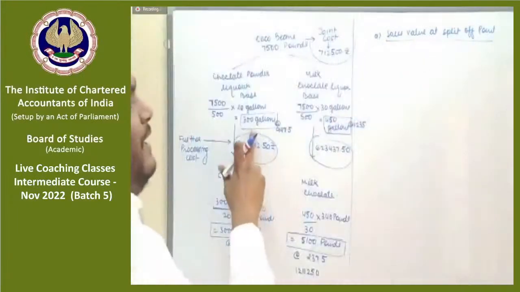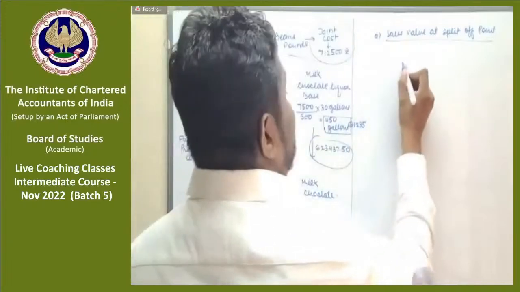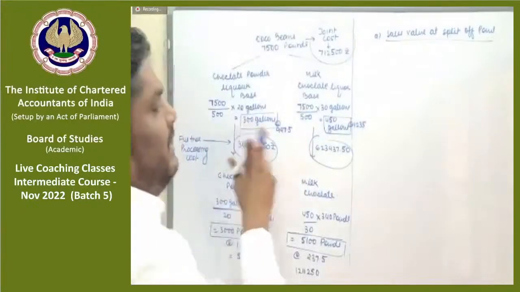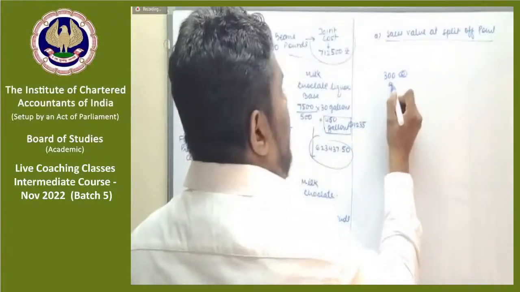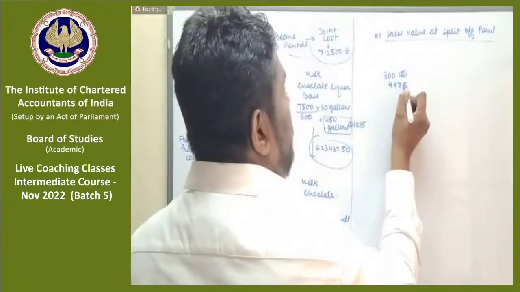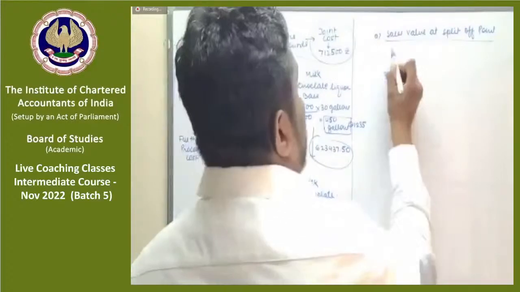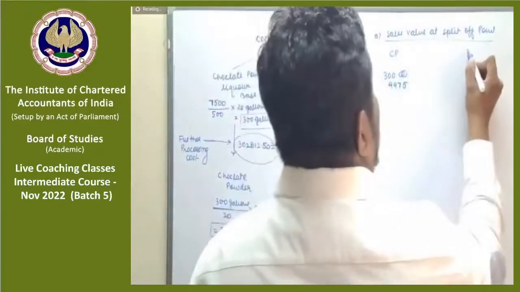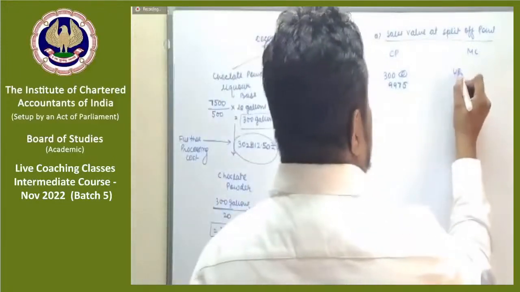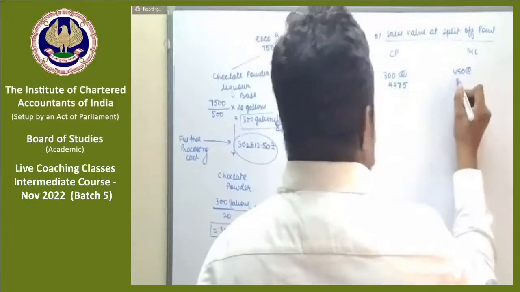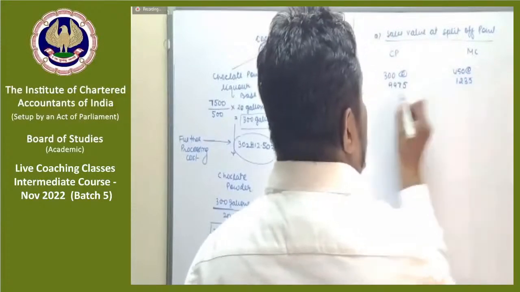So this is the split off point. What is the sales value? Very simple, 300 gallons at the rate 997.5, chocolate powder and milk chocolate. And this is 450 gallons at the rate 1235.